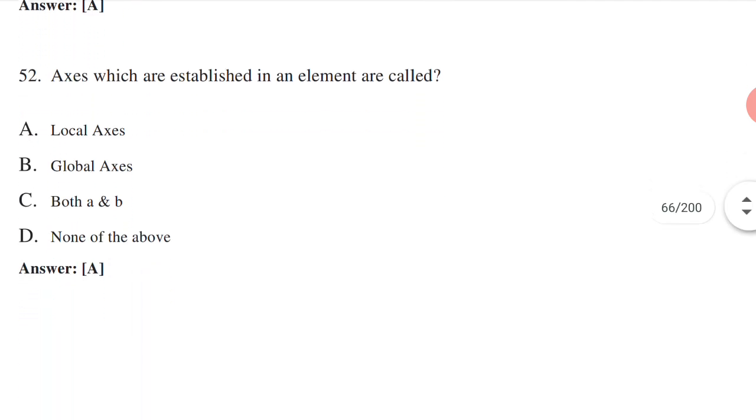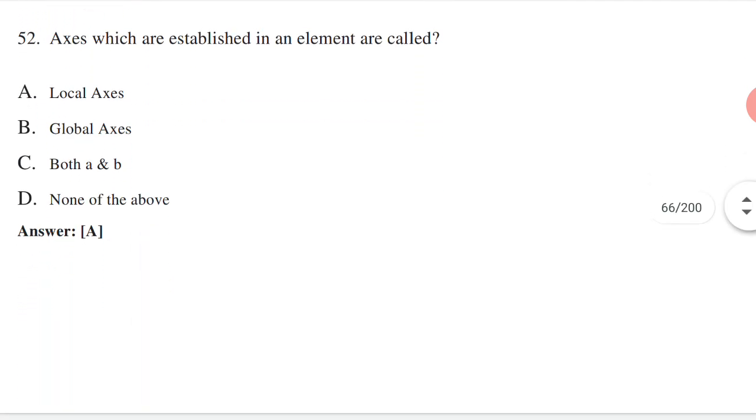Okay, correct it. Then the next question is, axes which are established in an element are called. The axes which are established in an element are called local axis, because these are established in the element locally.